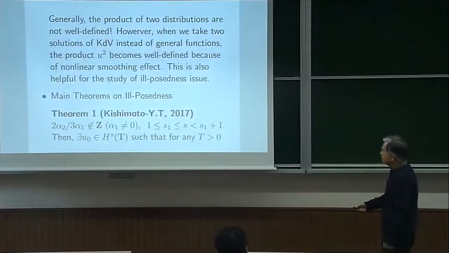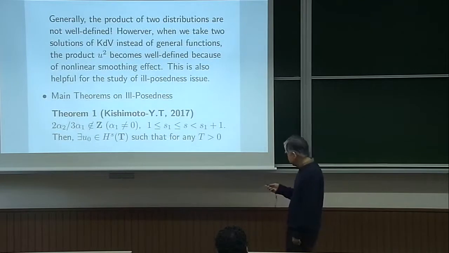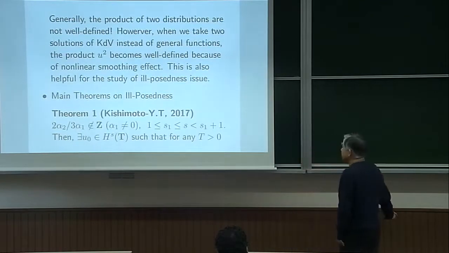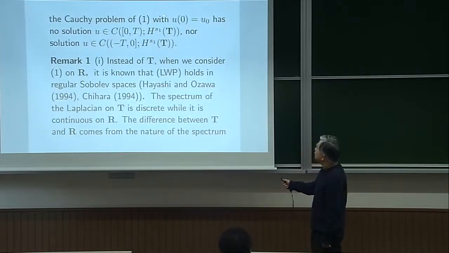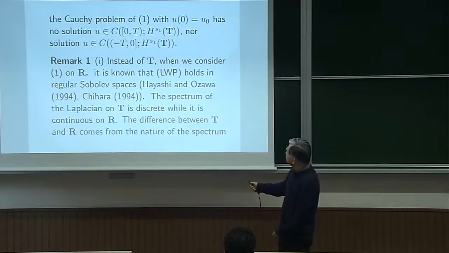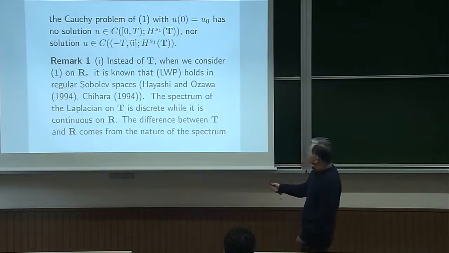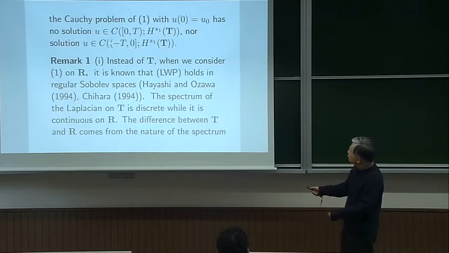Then there exists initial data u naught in the Sobolev space H^s such that for any capital T, the Cauchy problem of equation 1 with initial data equal to u naught has no solution toward positive time, nor a solution u toward negative time.